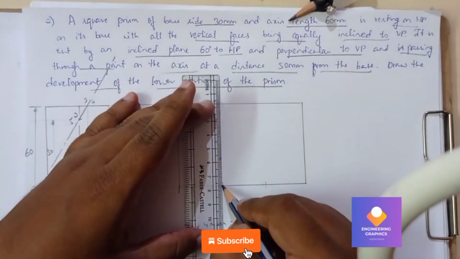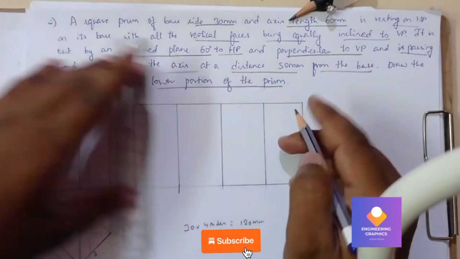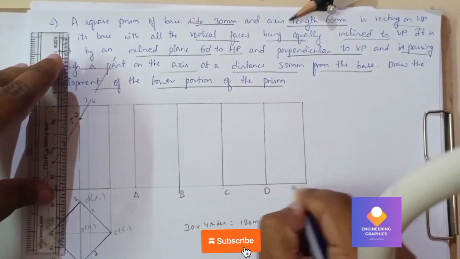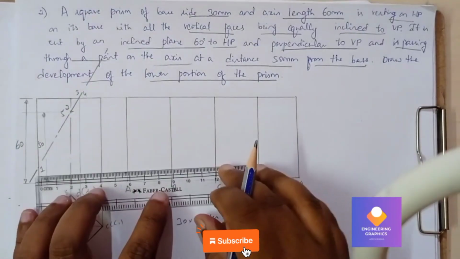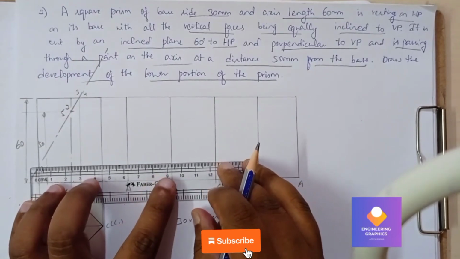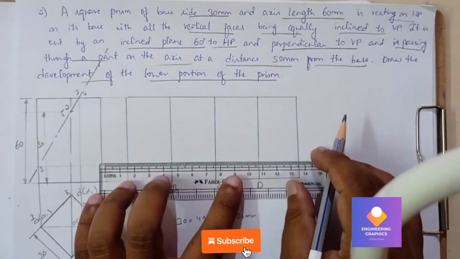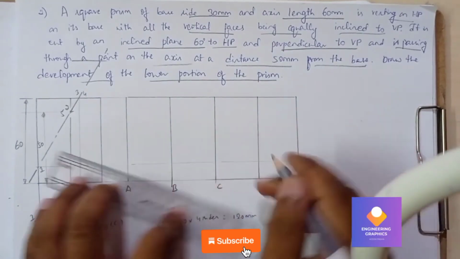These are the true lengths you can draw. You can mark capital A, B, C, D here. Then we need to extend this one point. So we extend, and we get it on the line A here. We are drawing thin lines.